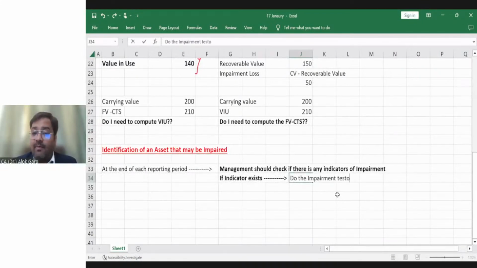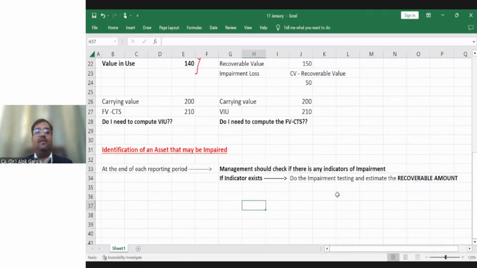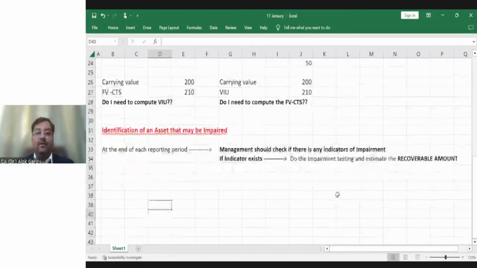Impairment testing means you have to engage valuers or experts, and they will compute the fair value less cost to sell. They will do the value in use calculation, do the impairment testing, and estimate the recoverable amount. You need to estimate the recoverable amount.